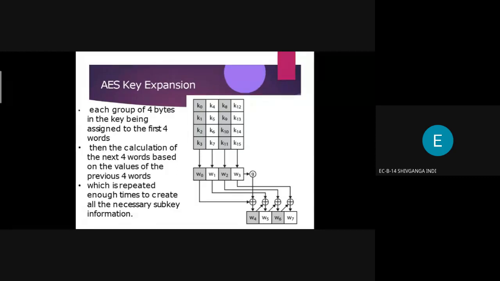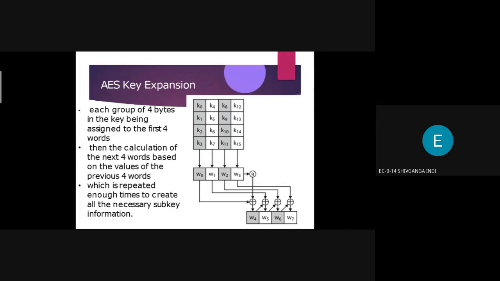So the first column, that is k0 to k3, can be assigned to w0. The next, k4 to k7, can be assigned to w1. Then k8 to k11 can be assigned to w2, and k12 to k15 can be assigned to w3. So we can assign the keys to the various words.